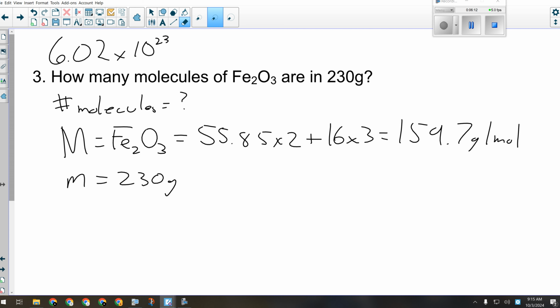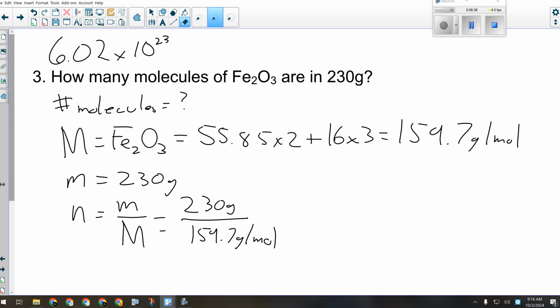Now, if I'm going to get the number of molecules, I need n, which is the only thing I can calculate right now because all I have are little m and big M. So n is going to equal little m divided by big M. We're going to take our 230 grams and divide that by 159.7 grams per mole. The grams are going to cancel.